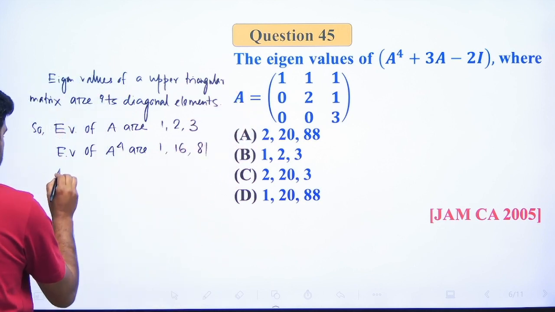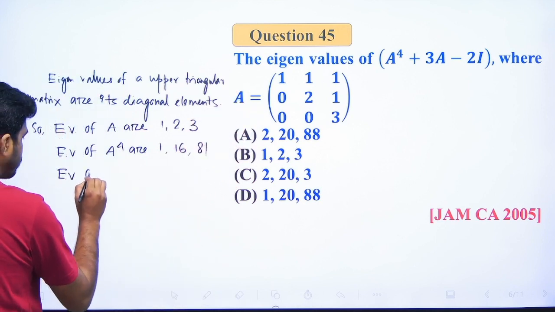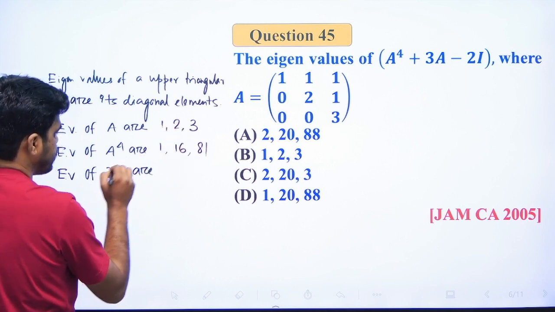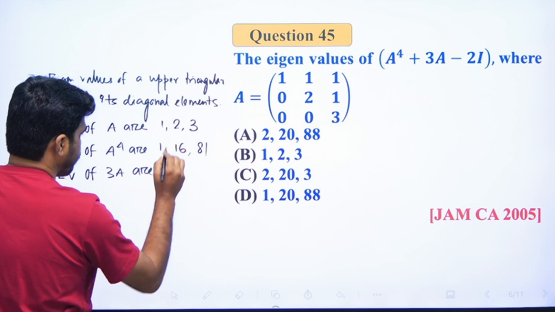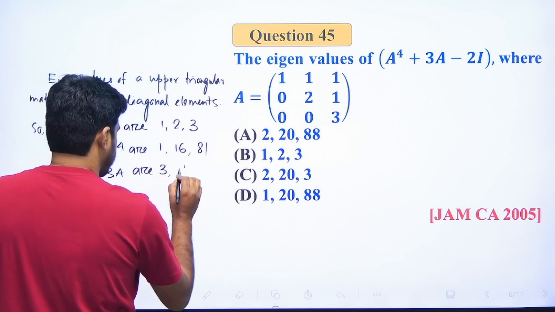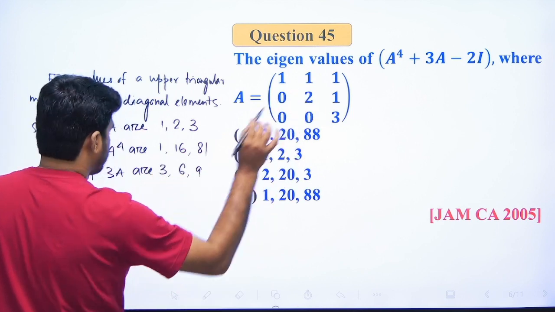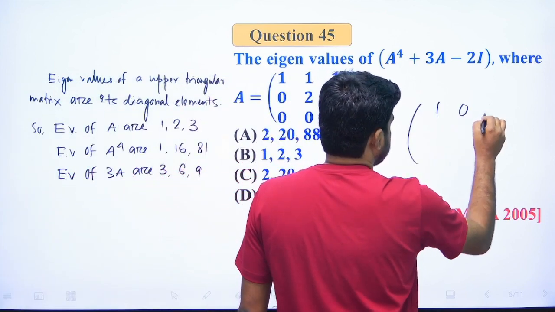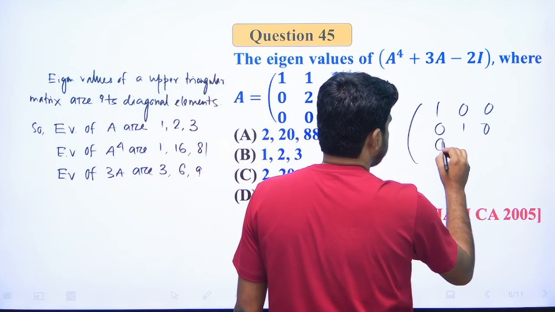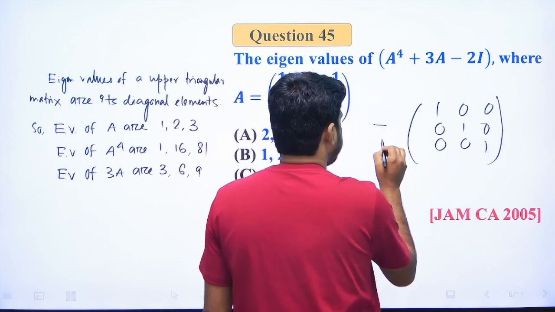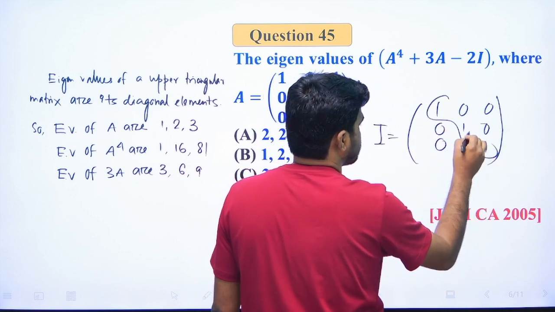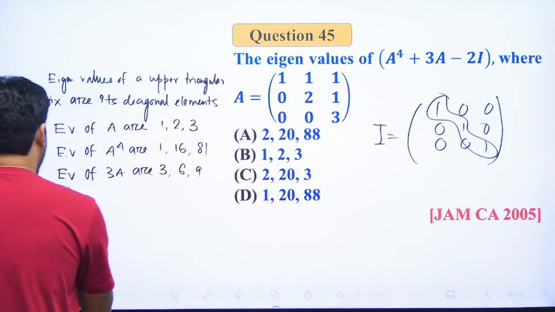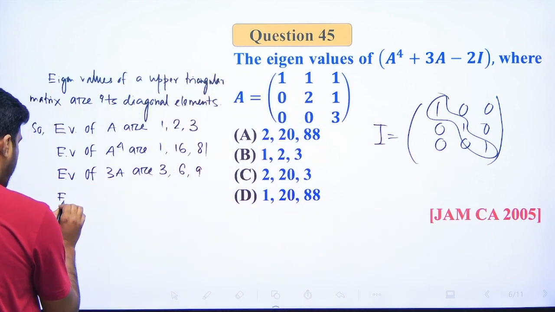For 3A, just multiply the eigenvalues of A by 3, so that is 3, 6, 9. 2I, identity matrix, that is 1 0 0, 0 1 0, 0 0 1. The eigenvalues of the identity matrix are just its diagonal elements, that is 1, 1, 1, right?